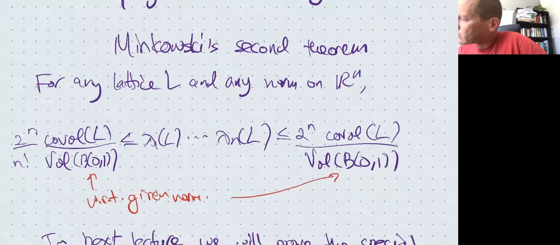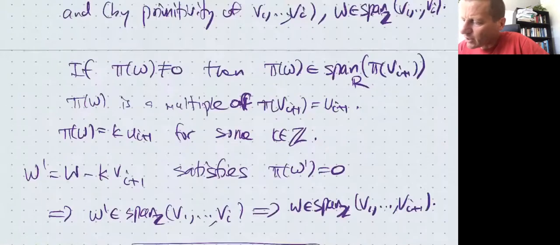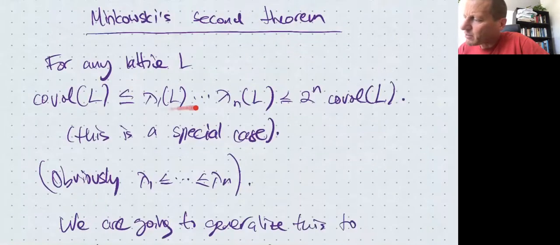So I want to show you what happens. In other words, the statement that we will prove is this one here. We're going to prove this statement here. And this statement is actually stronger than what you get from the general theorem. It's stronger both on the right-hand side and on the left-hand side.